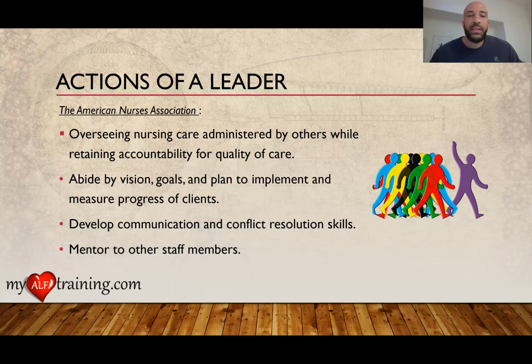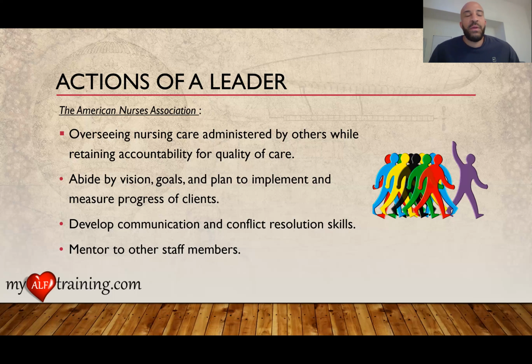And the nurse leader takes responsibility if the quality of that care isn't up to par, because they understand that it's their responsibility and that is the level to which they are trying to influence other nurses to provide better care.